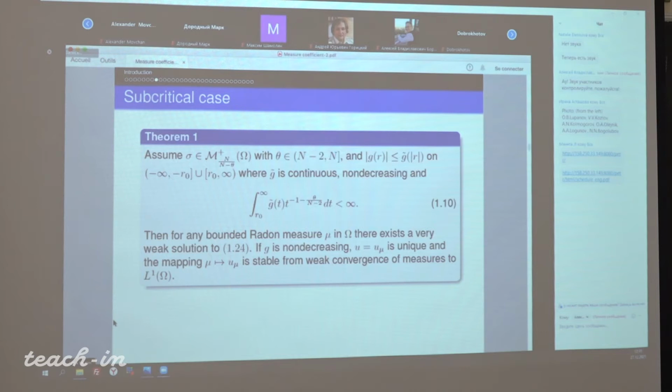And furthermore, if g is nondecreasing, then the solution is unique. I call it u_mu. Furthermore, the mapping mu maps to u_mu is stable from weak convergence of measures to L1 convergence. So this is the result concerning the subcritical case.